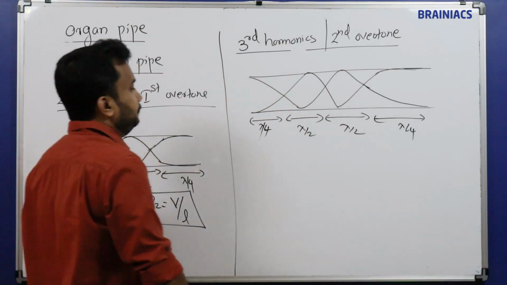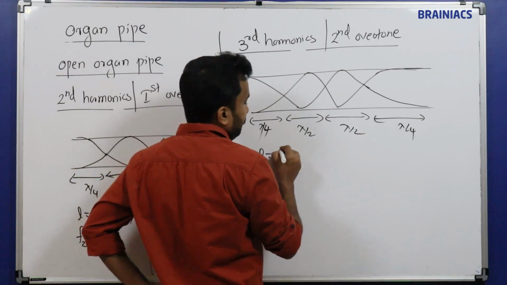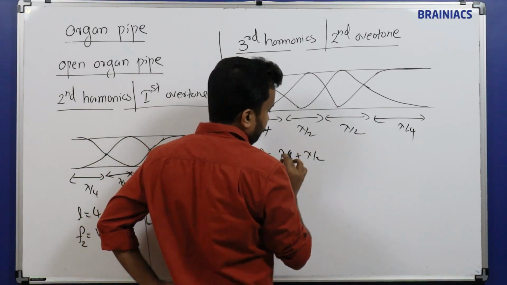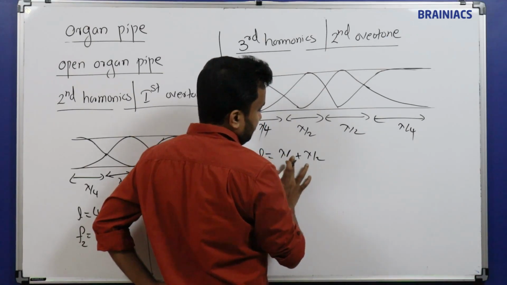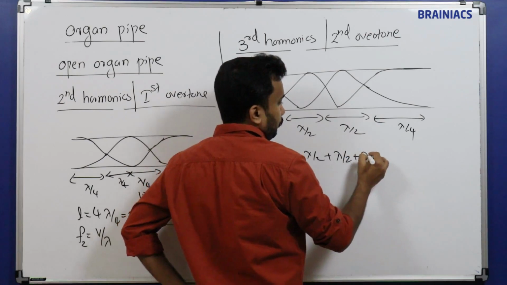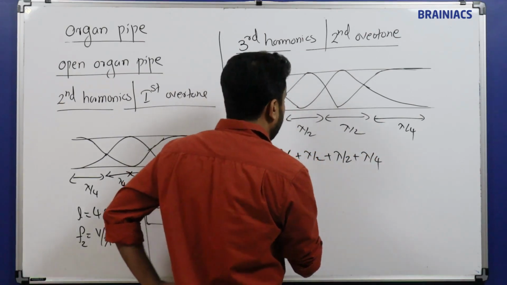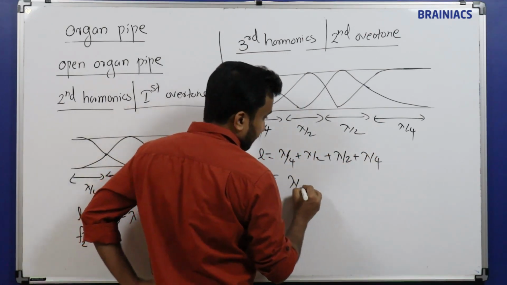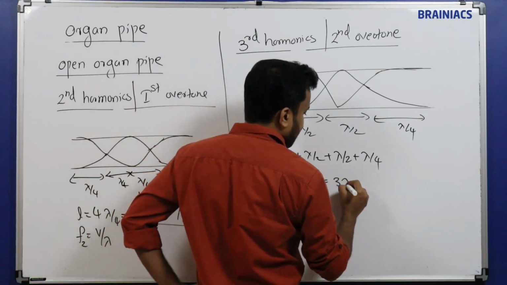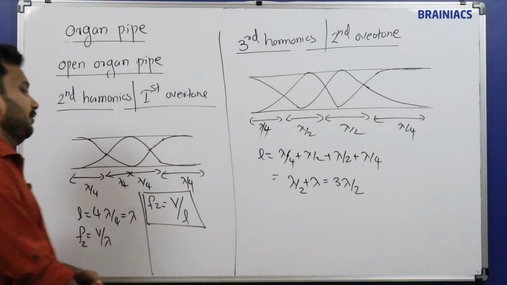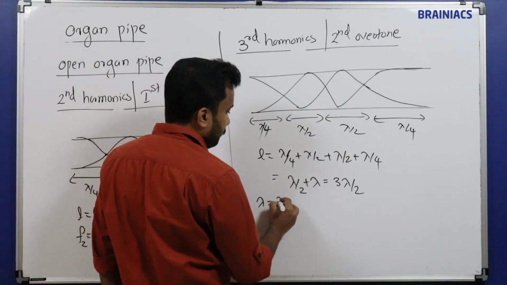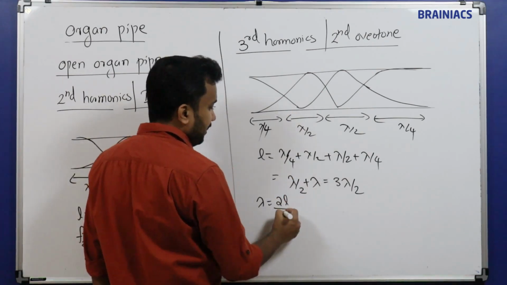So how much will come? Total length L will be equal to λ/4 plus λ/2 plus λ/2 plus λ/4, which is 3λ/2. So lambda is equal to 2L by 3.